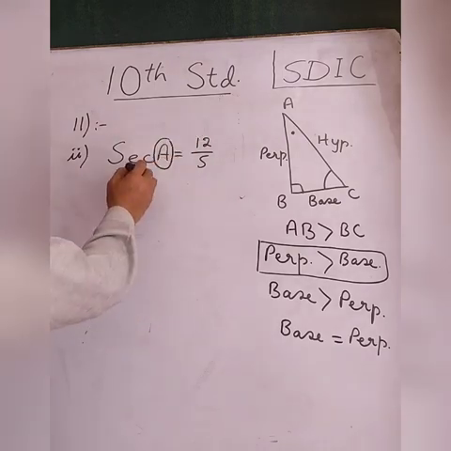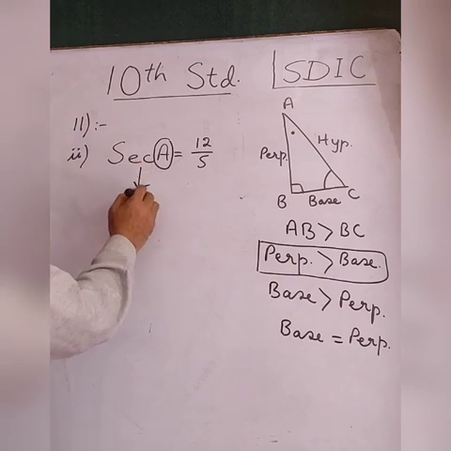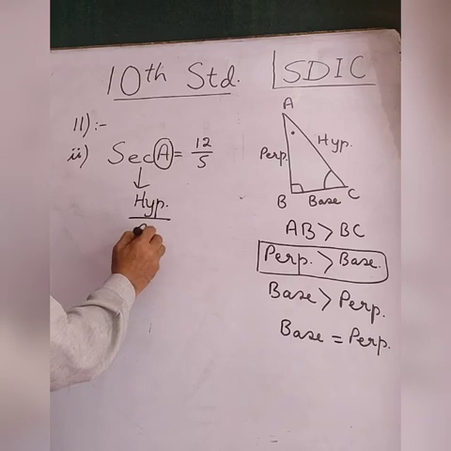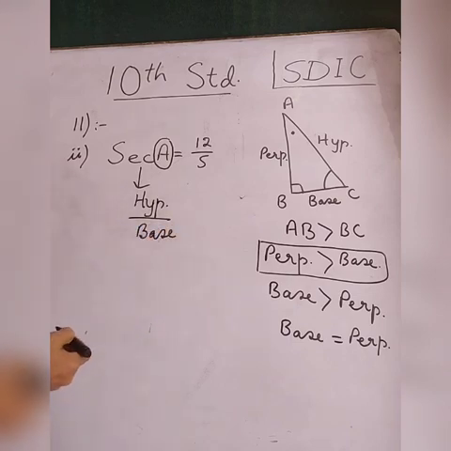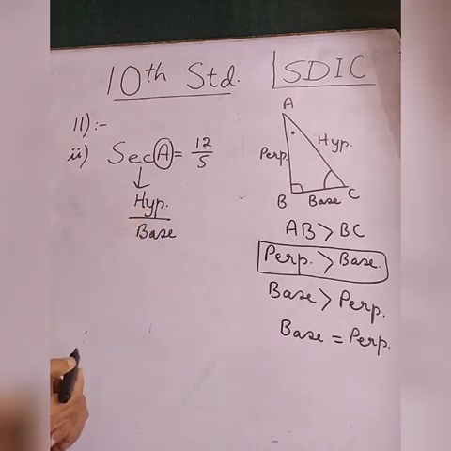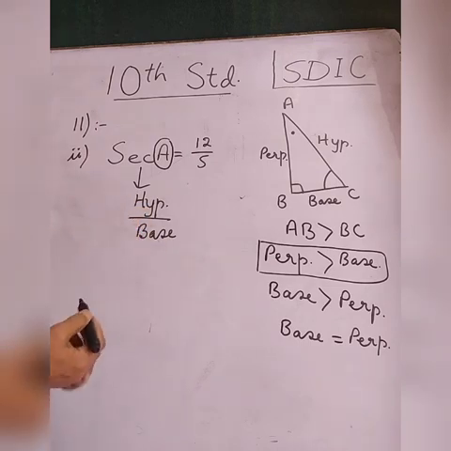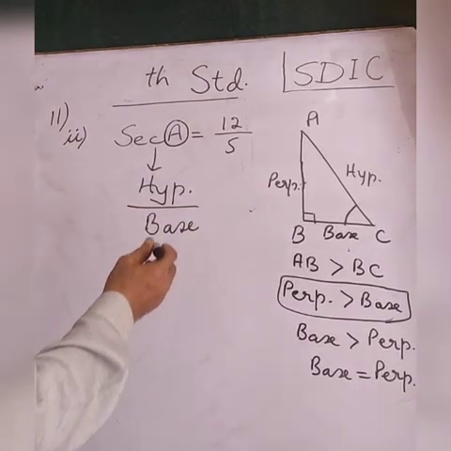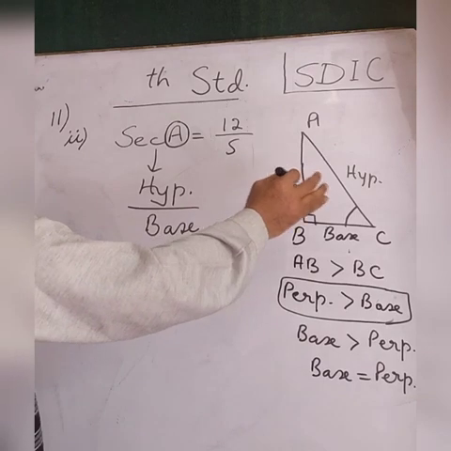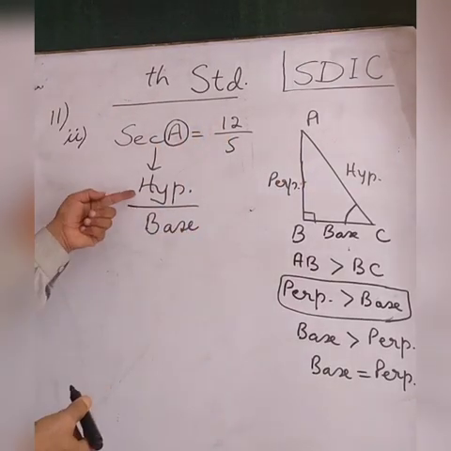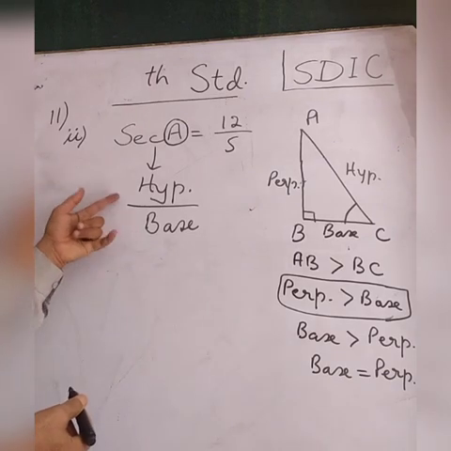Now by definition we know sec is hypotenuse by base. Sec is the reciprocal of cos. Cos is base by hypotenuse. So sec is therefore hypotenuse by base. And we find hypotenuse is the largest side of the triangle. And here we have to compare that hypotenuse with the base. Only two numbers.